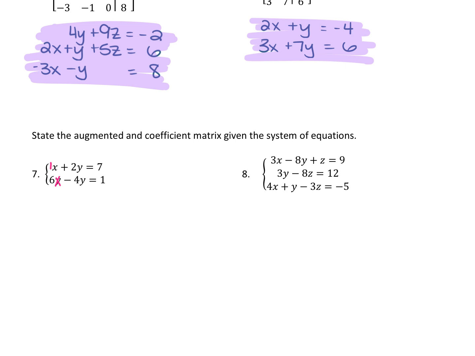To write the augmented matrix, you are going to have 1, 2, and 7 from your first equation in your first row. Then your second row is going to be 6, -4, and 1. We put that line in front of that 7 and that 1 to designate that those are your answers. You can also use those vertical 3 dots as well.